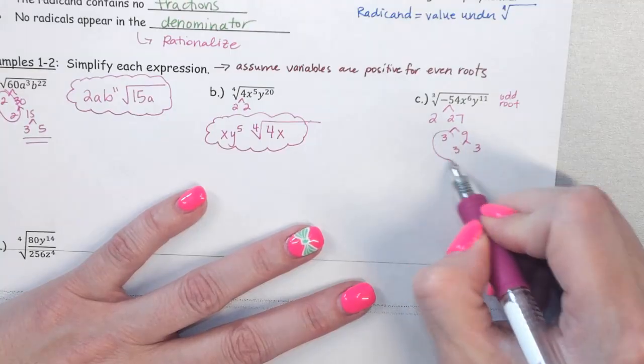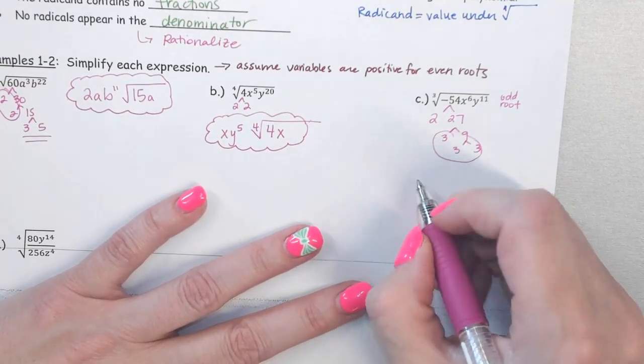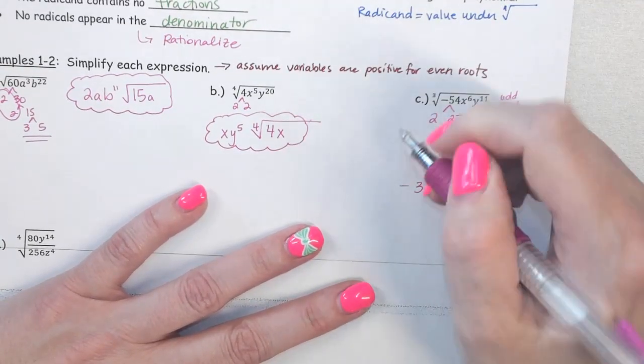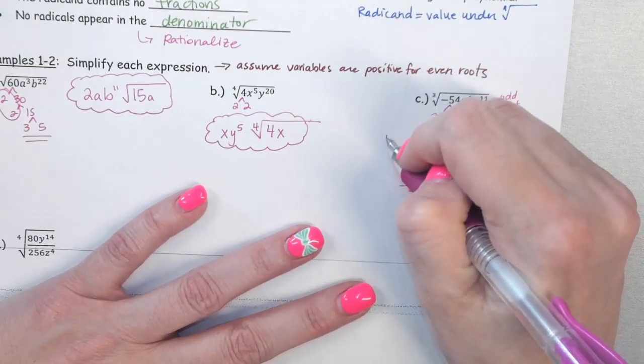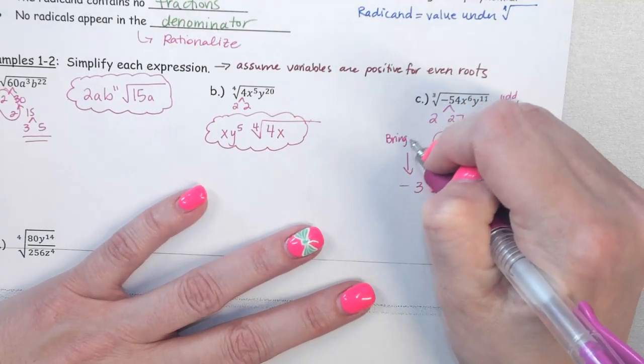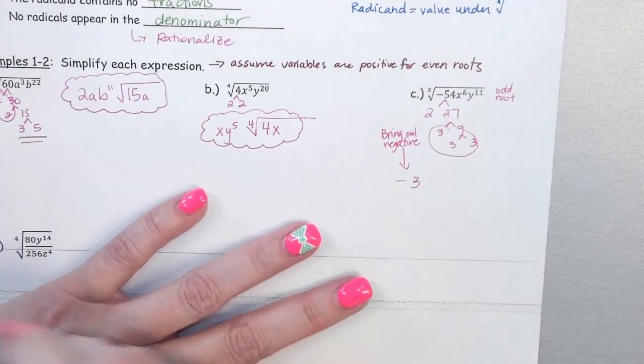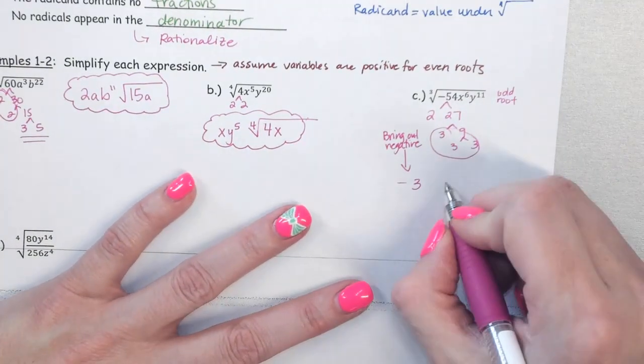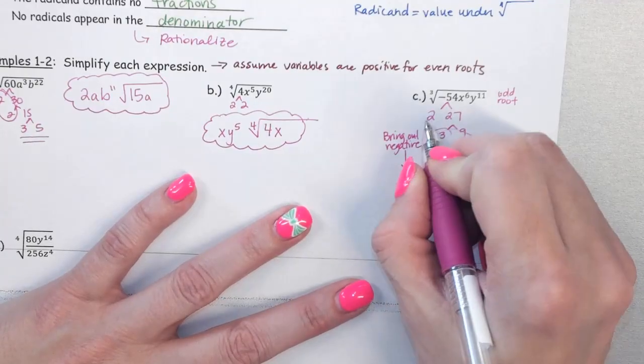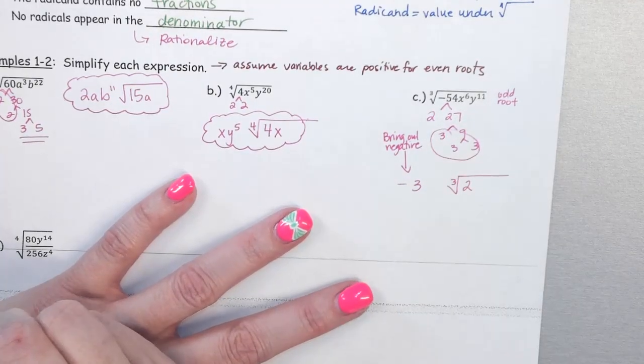I'm looking for a group of 3, and then you are just going to bring out the negative here. So if there's a negative inside, you bring it out. And then what's inside now is just going to be the 2.